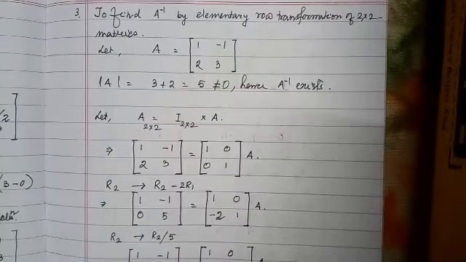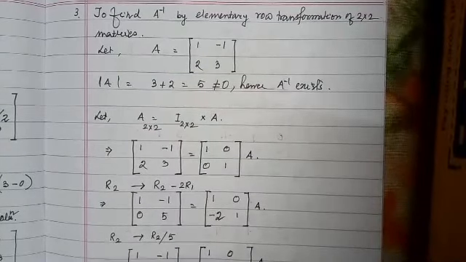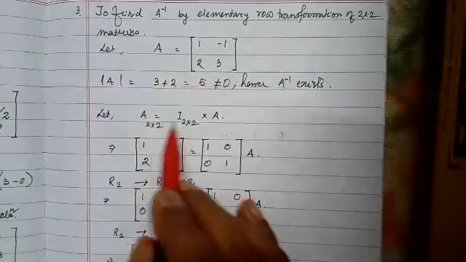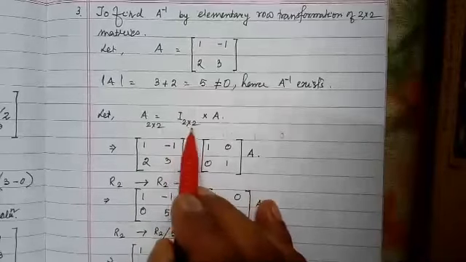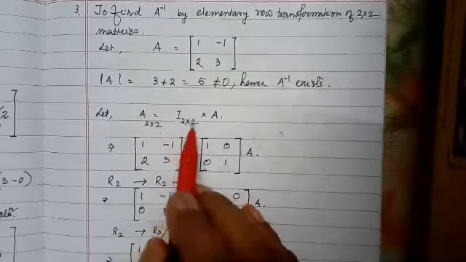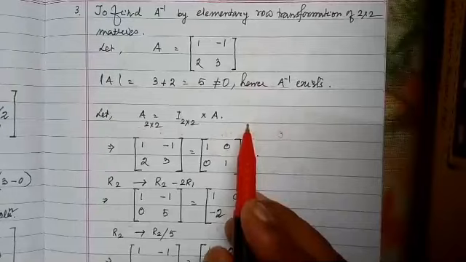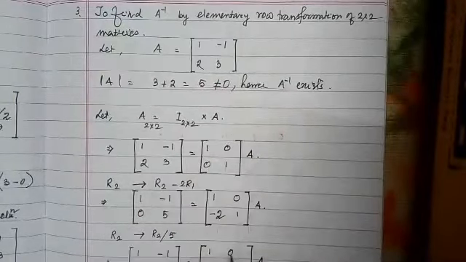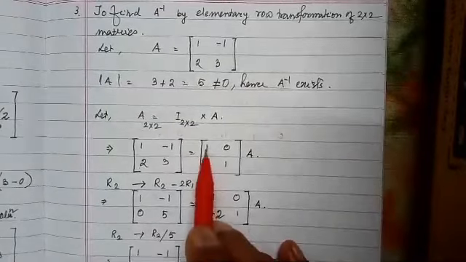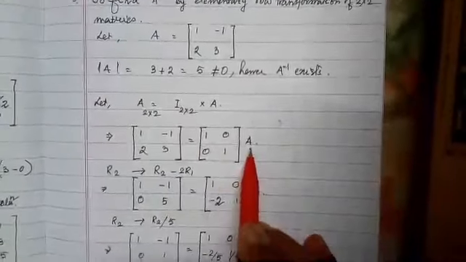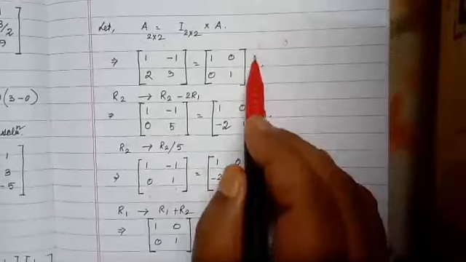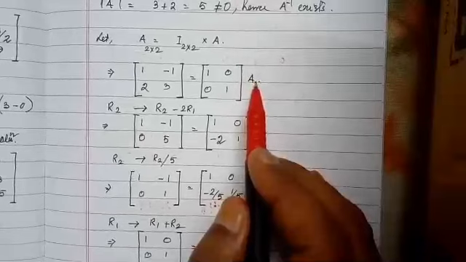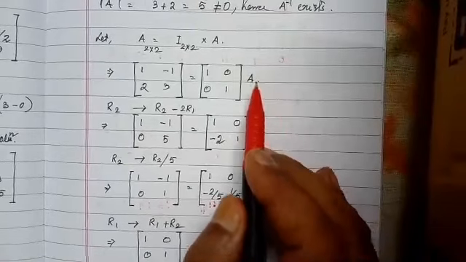Okay, whatever may be. First, for row transformation we have to write matrix A of order 2 is equal to I of order 2 into A, that is A is equal to I into A. Then I means the identity matrix of order 2, which is 1 0 0 1, and into A. We are not writing the matrix, only its symbol, that is A, because we are not going to operate on this matrix.